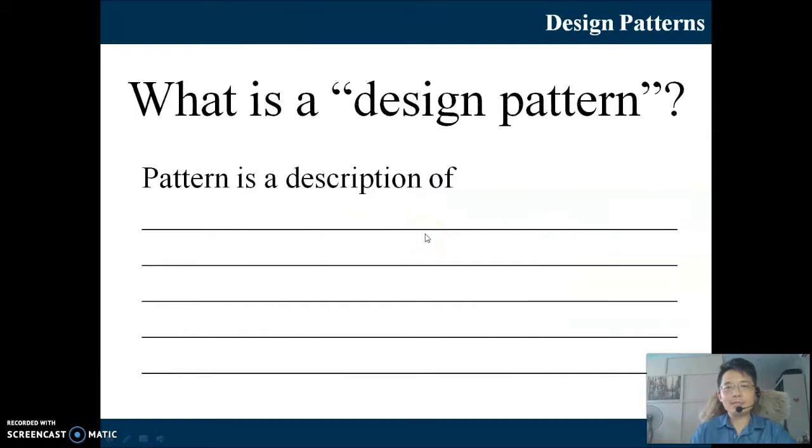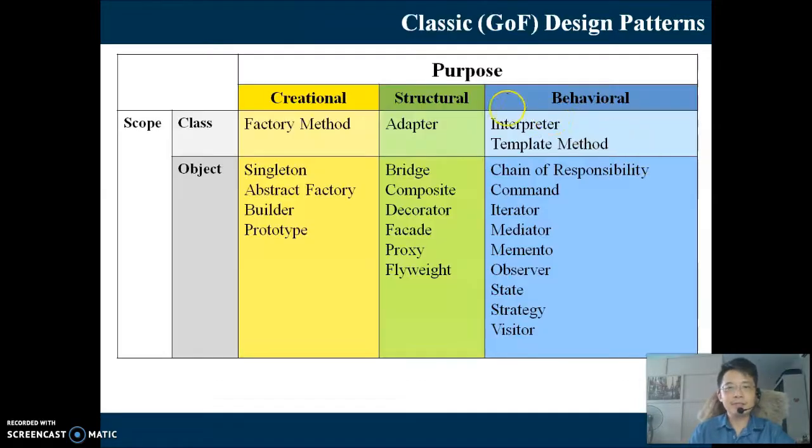What is a design pattern? Pattern is a description of solution for recurring problems in software system design, which is dealing with microarchitecture. The list here shows the classic design pattern according to the cataloging done by the Gang of Four.